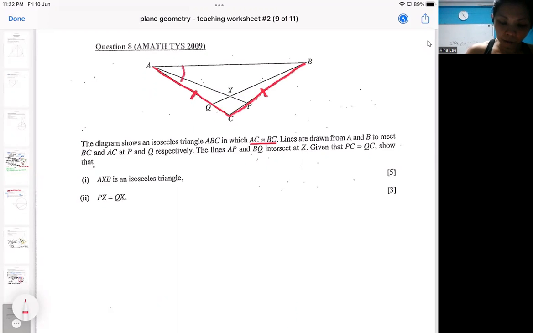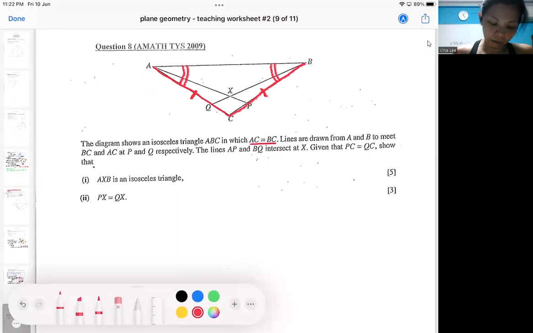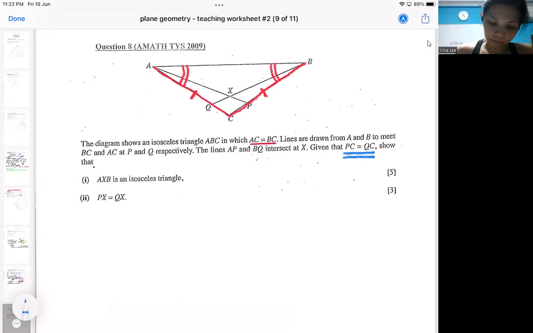That means these two angles will be the same. And then after that, I got another same length here. So how will these two help me to prove the isosceles triangle?